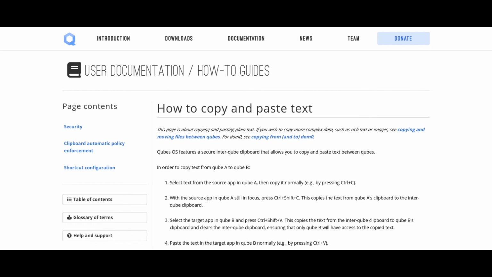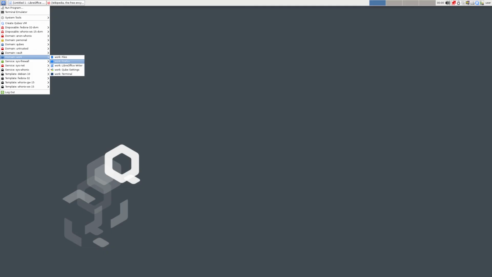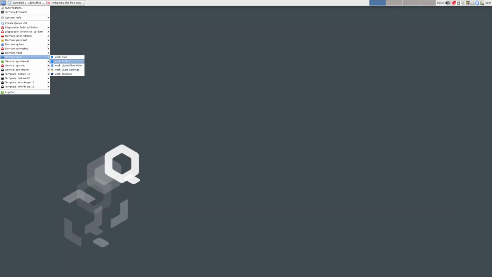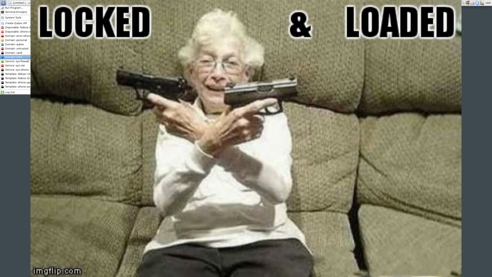Now, this brings me to the point that this Linux distribution gives you a lot of freedom, probably more than the others. And the key point here is that freedom doesn't come free. If you really want to gain this much freedom and this much security, you have to pay for it.